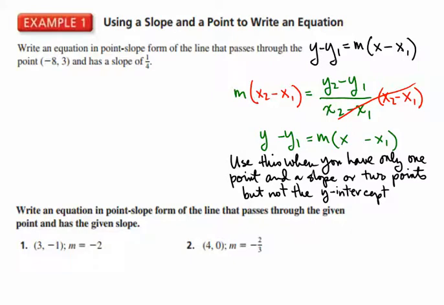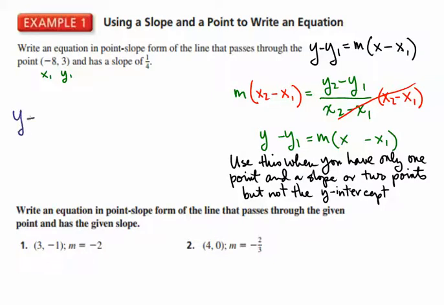Alright, so we're given above the point negative 8 comma 3, and we have a slope of 1/4. The first thing that I'm going to do is label my point x1, y1. Notice that the x-coordinate is negative here. Now I'm going to simply insert the x1, the y1, and the slope m into the point-slope form of the equation.